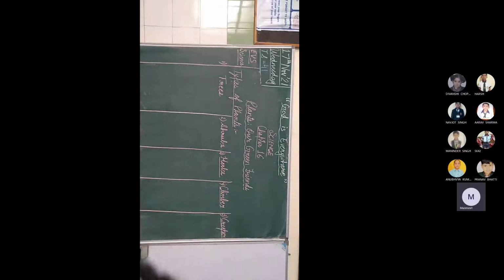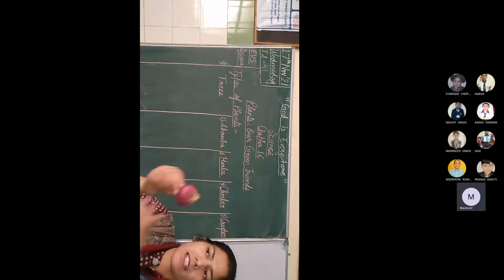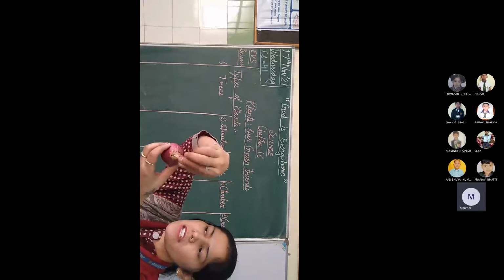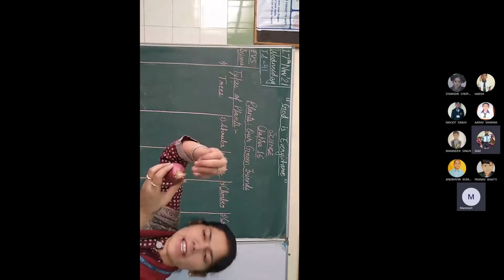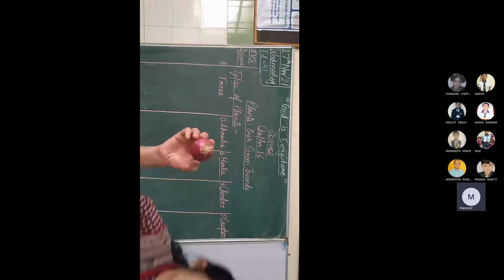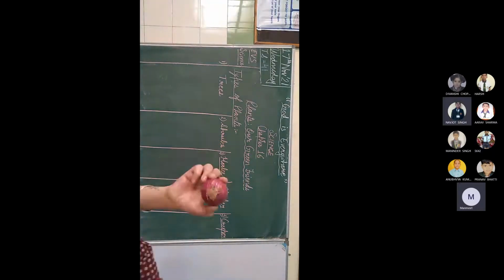Next is your fibrous root. In fibrous root the example was onion. It is onion. Can you see how these roots are coming out of it? Yes, ma'am. Is it visible to all of you? Okay, good.